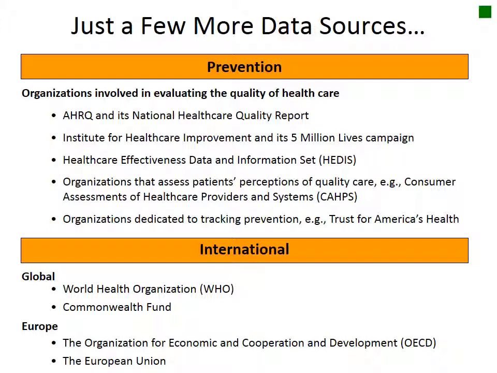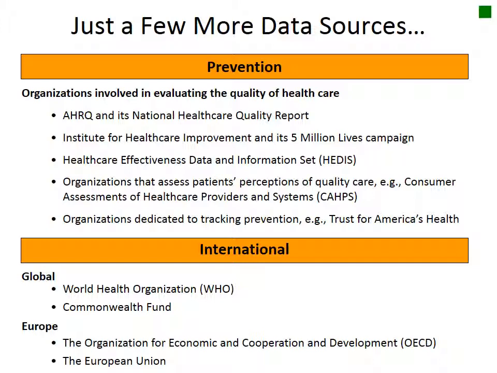Data sources on prevention are very important because we realize that, as a way to combat cost and address disparity, we're going to have to become more educated and innovative in the way that we are doing prevention.